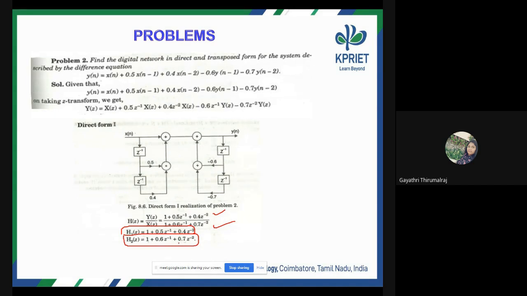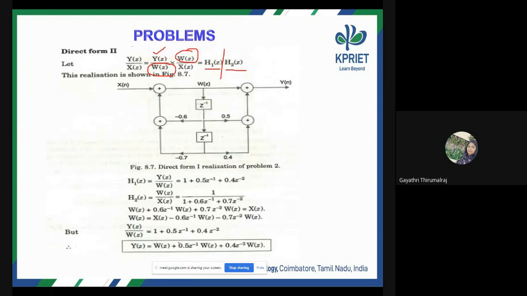So the transfer function which you have obtained in direct form 1, you're going to use that value and do some operations, just cross multiplying. That is the only thing you're going to do here. No mathematical formula, nothing. First you take h1 of z. From this we know that y of z divided by w of z is your h1 of z.